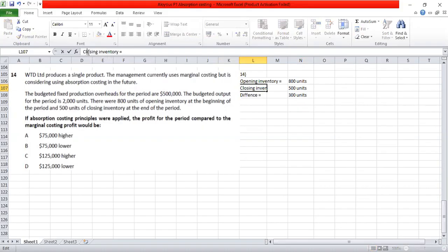That will be absorbed at the rate of whatever the fixed production overhead is.